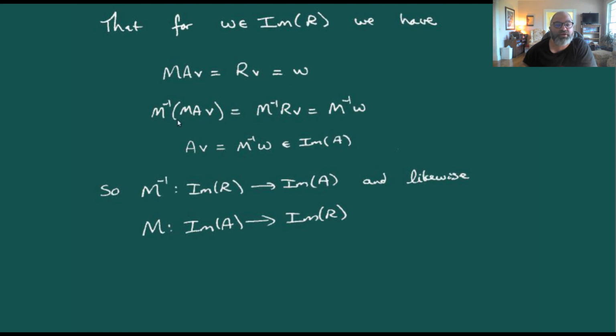Again, canceling our M's with M inverse, we get A times v is equal to M inverse times w. And this gives us something that's in the image of A. And so M inverse, this matrix that takes us to reduced row echelon form, gives us a linear transformation between the image of R and the image of A. And likewise, M would then give us a map from the image of A into the image of R.